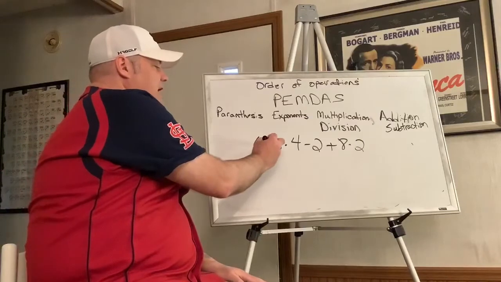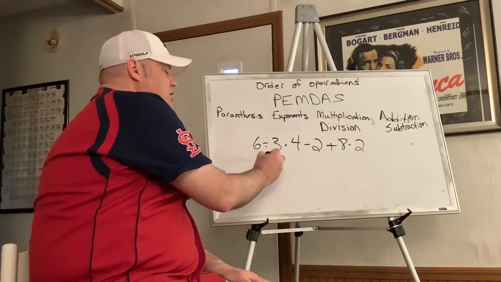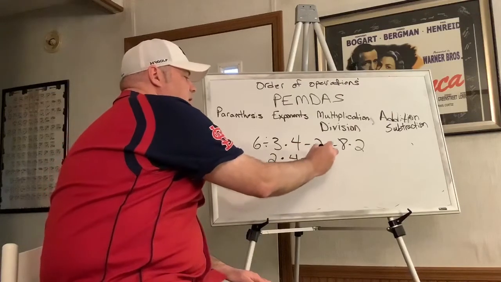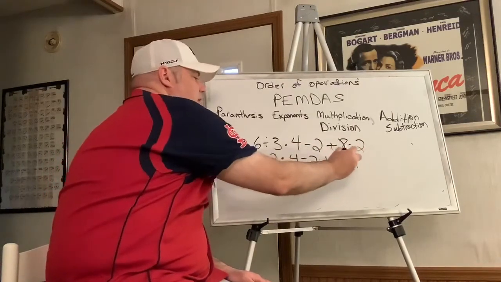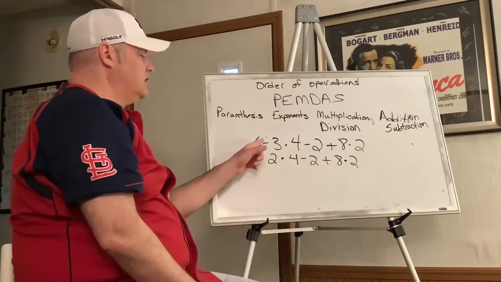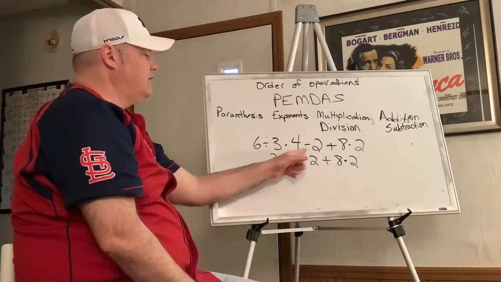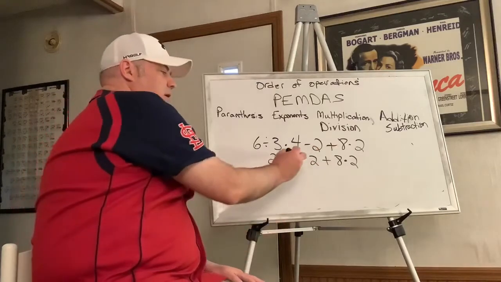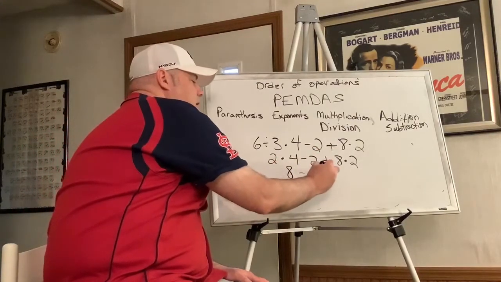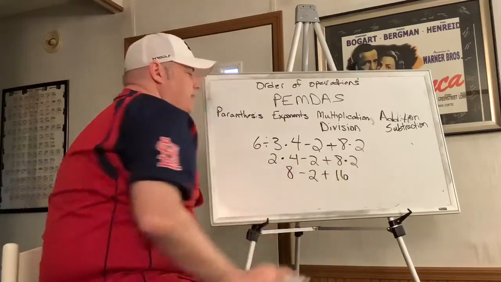So 6 divided by 3 is 2, and if you want to still go step by step, then you just do that one first. I'm just going to do that. Divided by 2 times 4 still. And now I'm going to do my multiplications. 8 minus 2 plus 16.